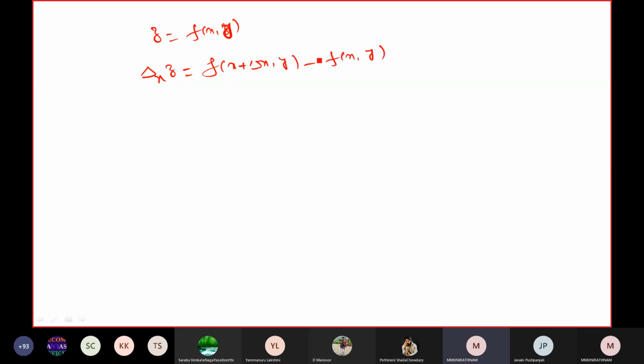This is nothing but the partial increment in z along the x-axis.